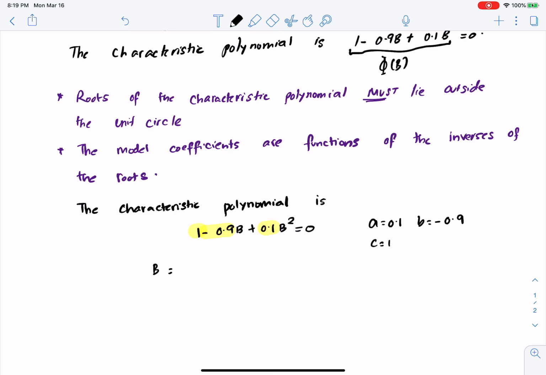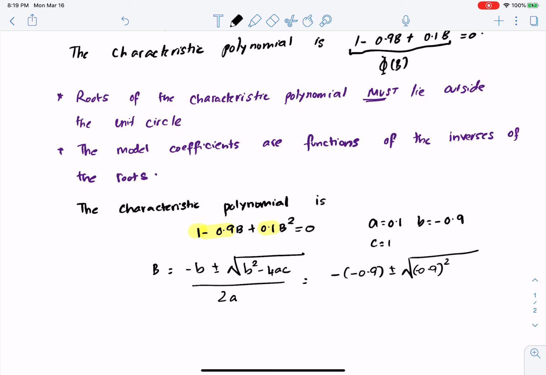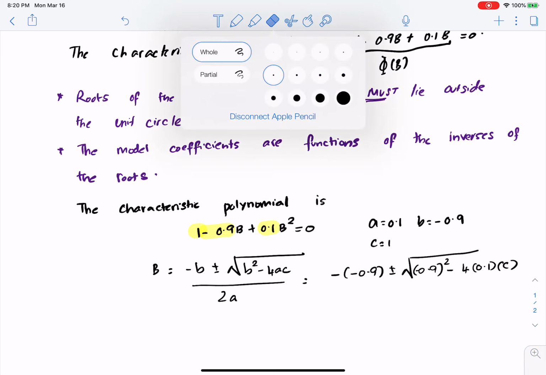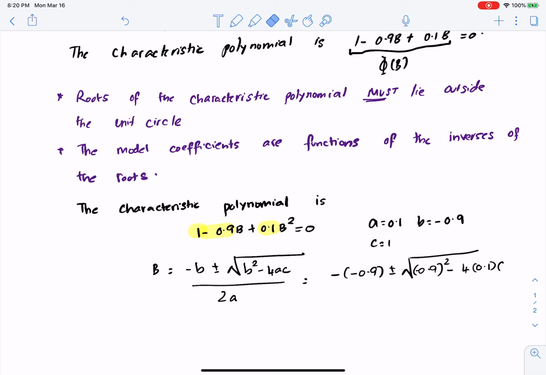So the roots are minus b plus or minus square root of b squared minus 4ac, divided by 2a. So minus of minus 0.9 plus or minus the square root of 0.9 squared minus 4 times a times c, which is 1, divided by 2 times 0.1.